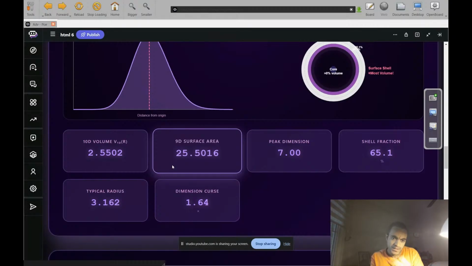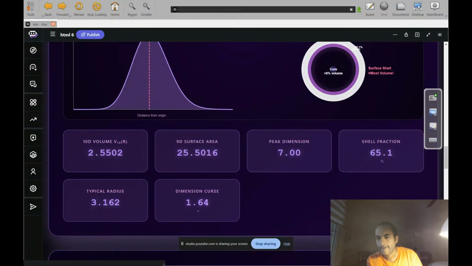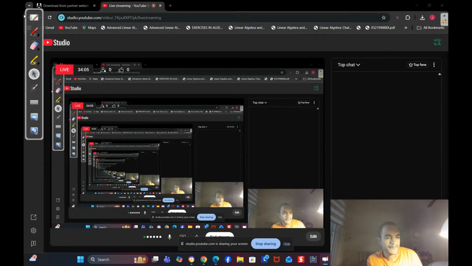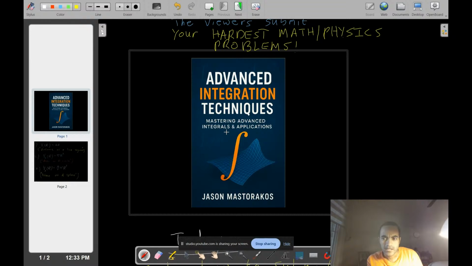If n is 2, in terms of the volume, what type of shape would it be? Does anybody know? Come on, guys. If n is 2, it would be a circle, right? Two dimensions, it has to be a circular disk. In that case, the area would have to be pi r squared.